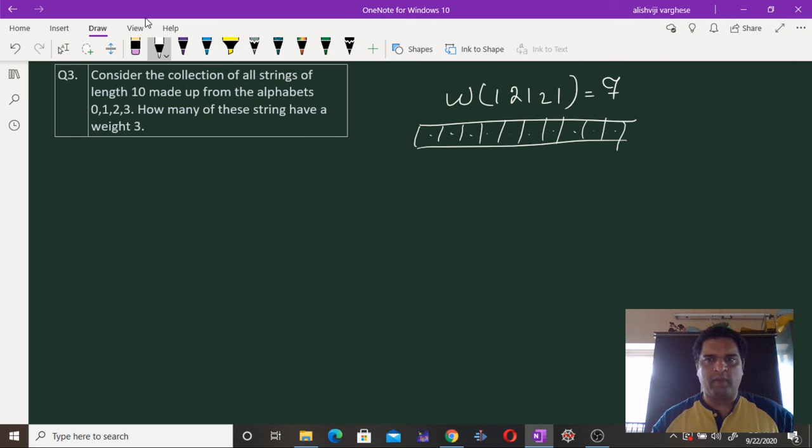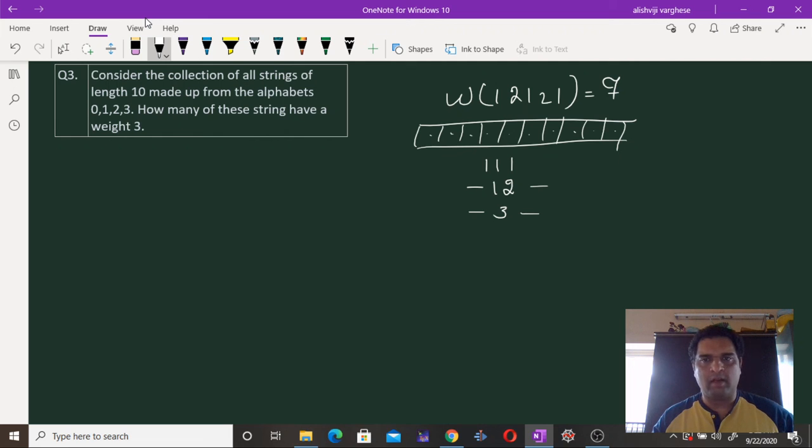But if the weight is equal to 3, that can happen only when either we have 3 ones and all the remaining positions are zeros, or we have two alphabets included in the string, 1 and 2 in some order, either 1 2 or 2 1, and all the remaining are zeros, or there is another possibility of having a 3 at any of the positions and all the remaining 9 positions are zeros.